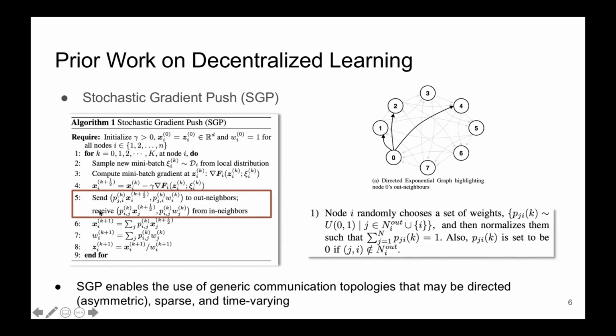Overall, this algorithm is obtained by using one stochastic gradient step at each node and one iteration of the push-sum. In this algorithm, the paper said they can use generic communication topologies that may be directed, sparse, and time-varying, because the communication topology is just like the p_ij. They can choose different values for p_ij in this algorithm.